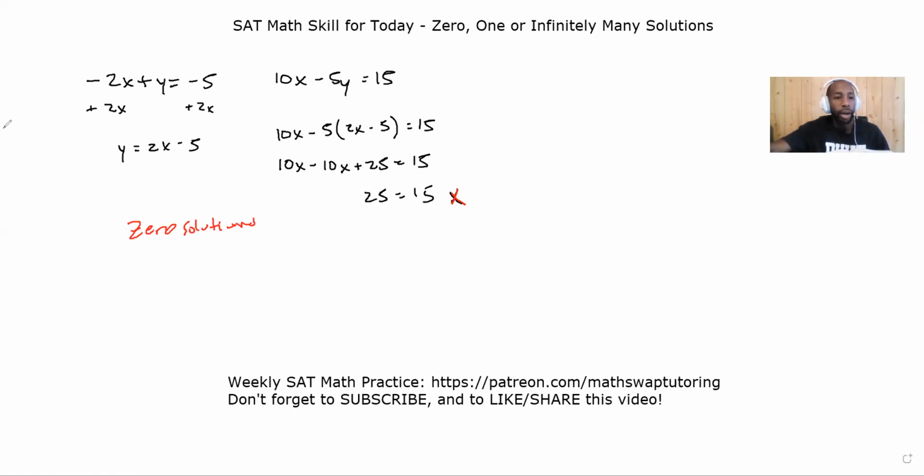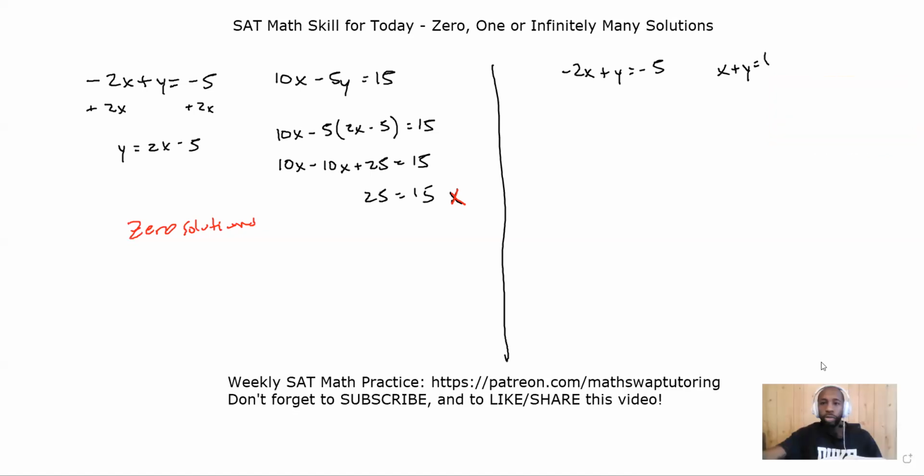Okay. Now let's consider negative 2x. I'll put a line here. We're going to try something that's negative 2x plus y equals negative 5 and x plus y equals 1. All right, so we solved this one for y in the first one, so I'll do that here as well.